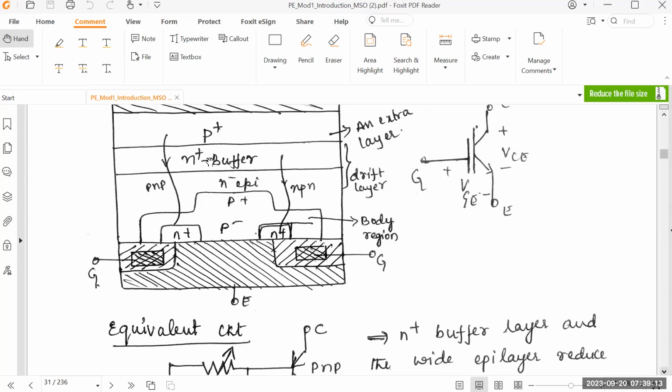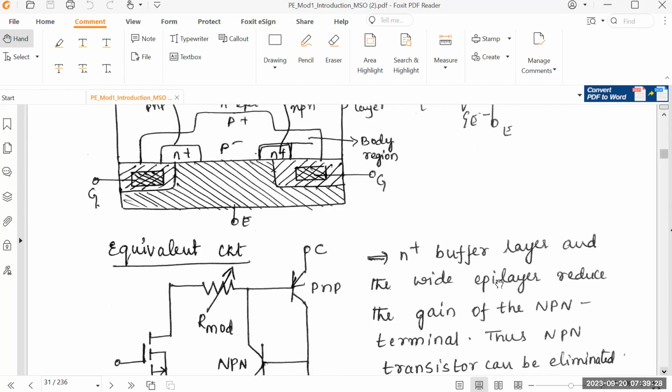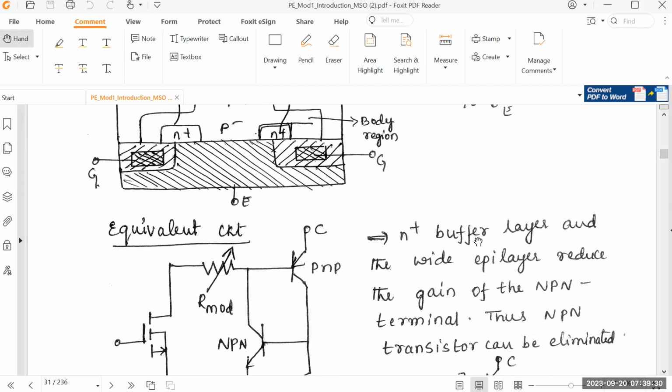So because of this N plus buffer and the epitaxy layer, the gain of the NPN will be reduced, and efficiency also will be reduced. That's why we do not require the NPN transistor, and we say that since the N plus buffer layer and the wide epitaxy layer reduce the gain of the NPN, the NPN transistor can be eliminated.